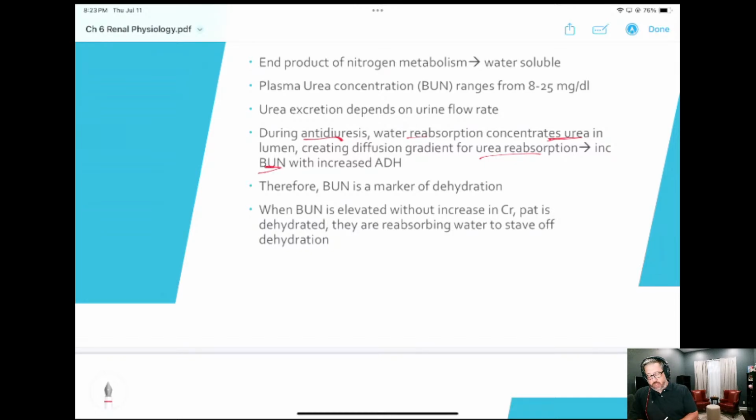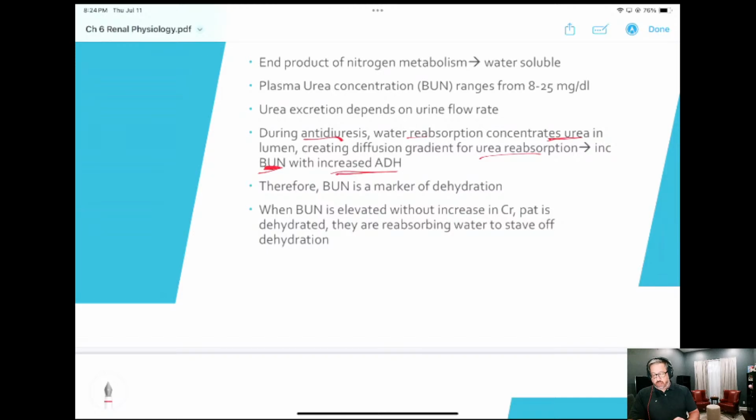Therefore you have an increased BUN with increased ADH. With dehydration, the diffusion gradient is reversed for urea, and we get urea back into the bloodstream, blood urea nitrogen, BUN, so we use that as a marker of dehydration.